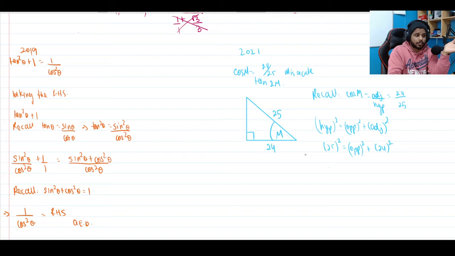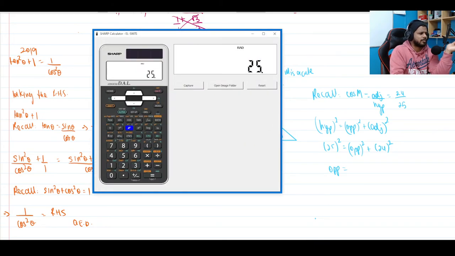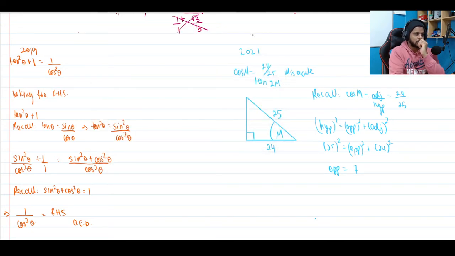You can rearrange one time and calculate for the opposite. 25 squared take away 24 squared is 49. So the opposite is the square root of 49, which is 7. So this side is 7. And we want tan 2m. So life easy, man.